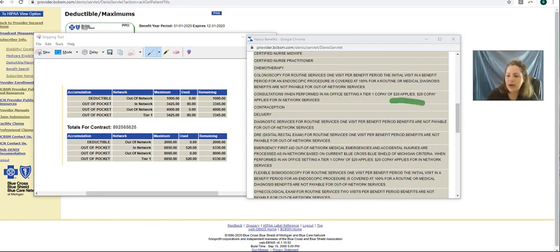This one talks about a copay. Okay, talks about a copay here. Okay, I'm looking for something that talks about a deductible, though. Let me see if I can find.